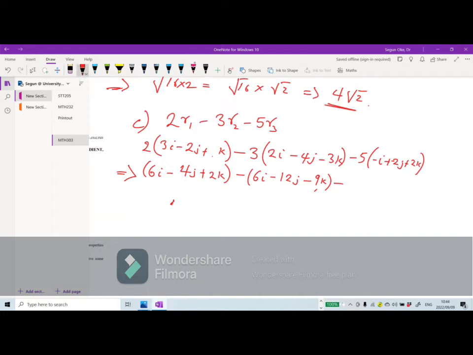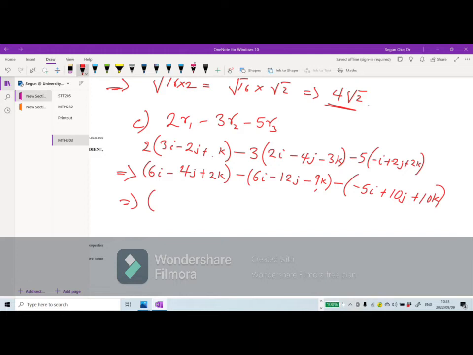So here we have, just be careful with the negative, the way you handle it. That's just the issue. Minus 5i plus 10j plus 10k. Like I told you the other time, take it component by component.